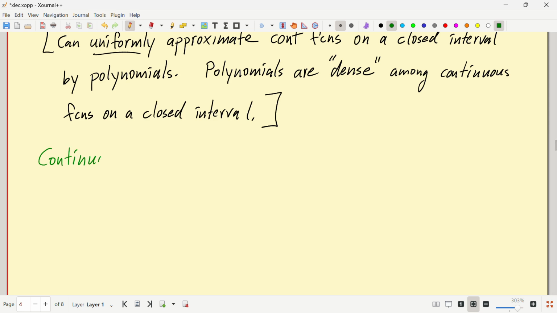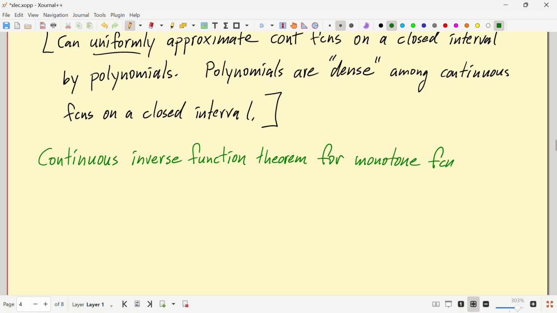I would call it a continuous inverse function theorem for monotone functions. That's what I'd call it if I had to call it something.